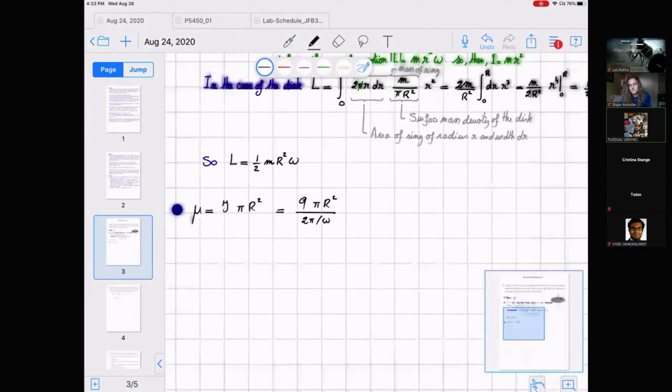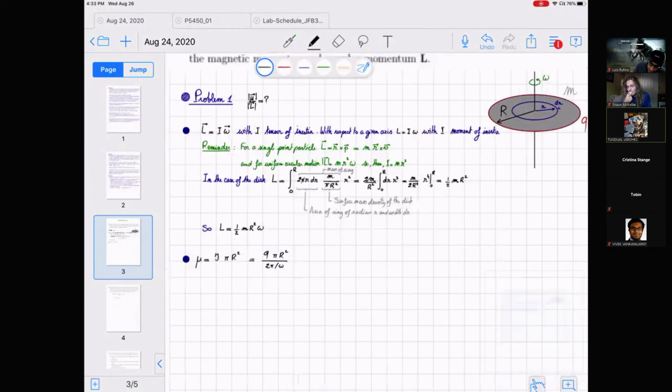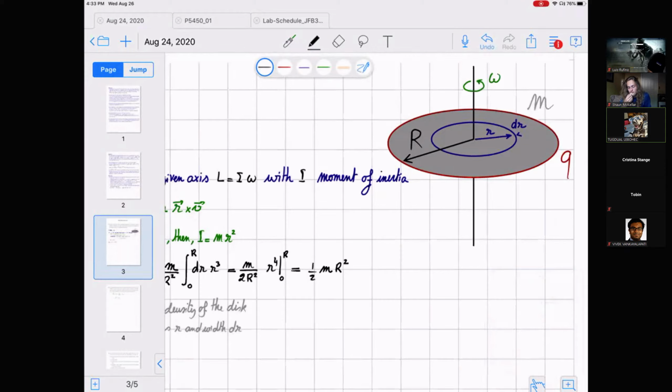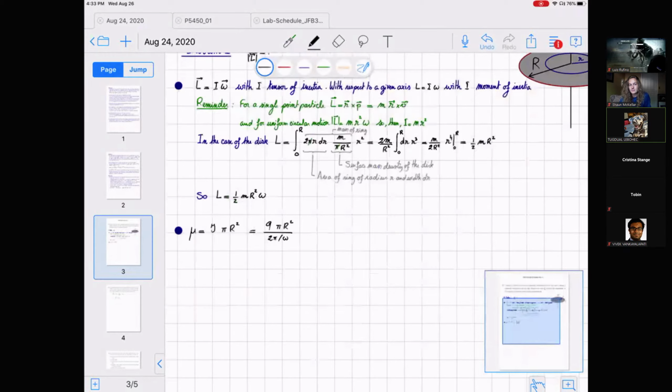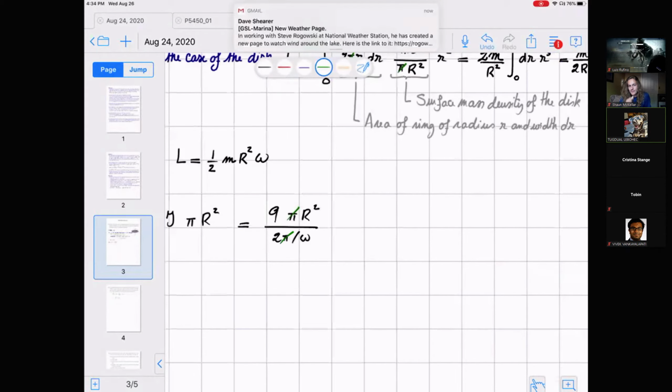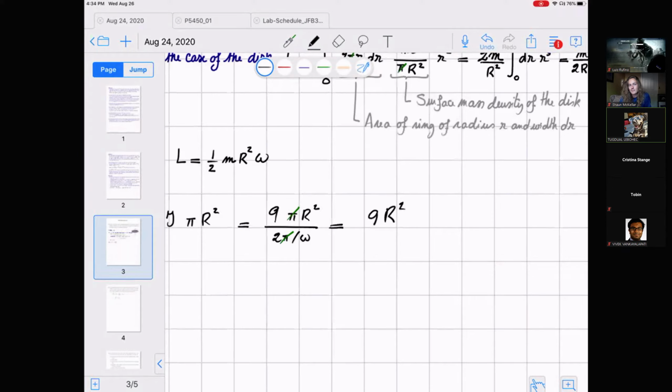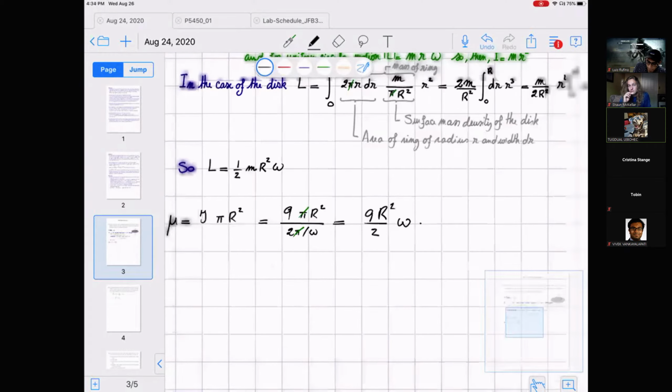What you were saying was correct, but since we are dealing with something that rotates, it's easier to talk about angles compared to talking about velocities in meters per second. Okay? So the pi simplifies, and we end up with q r squared over 2 times omega.